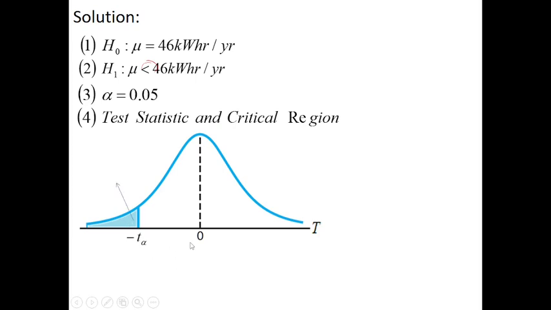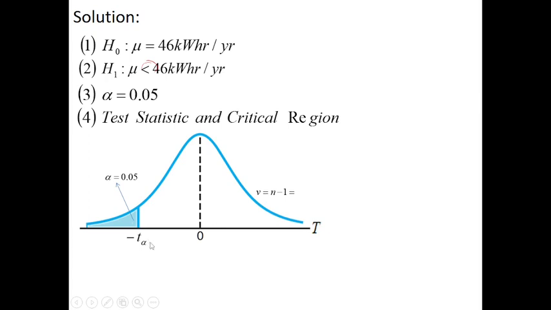So negative t sub alpha, with alpha equal to 0.05 because it's one-tailed. Then in determining the t value, we can use table 8.4 to determine the t value, t sub alpha.